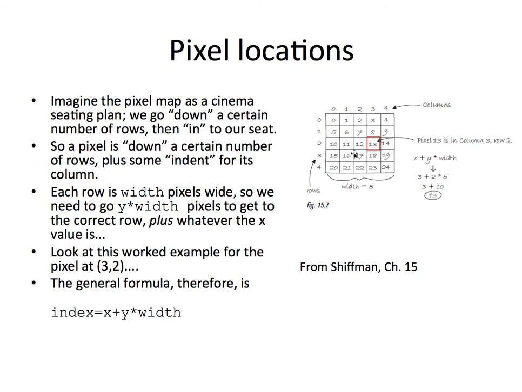If we plug the example values into this equation, then we get 3 plus 2 times 5: 0, 1, 2, 3 for the x, plus y times 5, which is 0, 1, 2. That gives us 3 plus 2 times 5, which is 3 plus 10, which is 13. And you can see here, that's the index in the linear array.